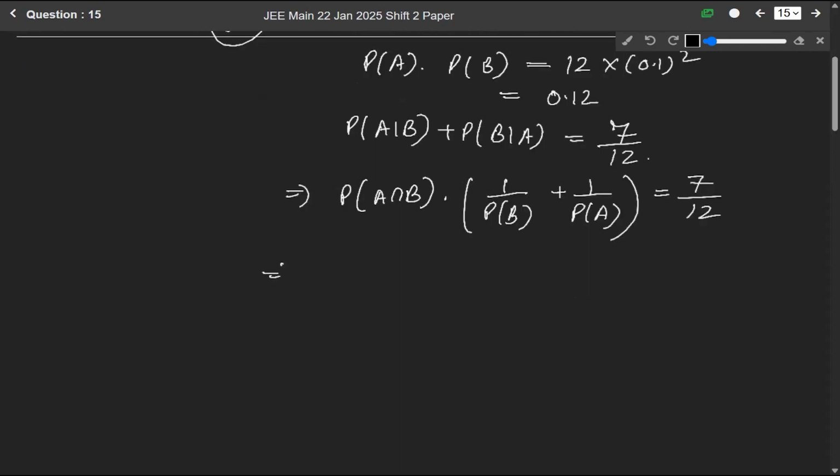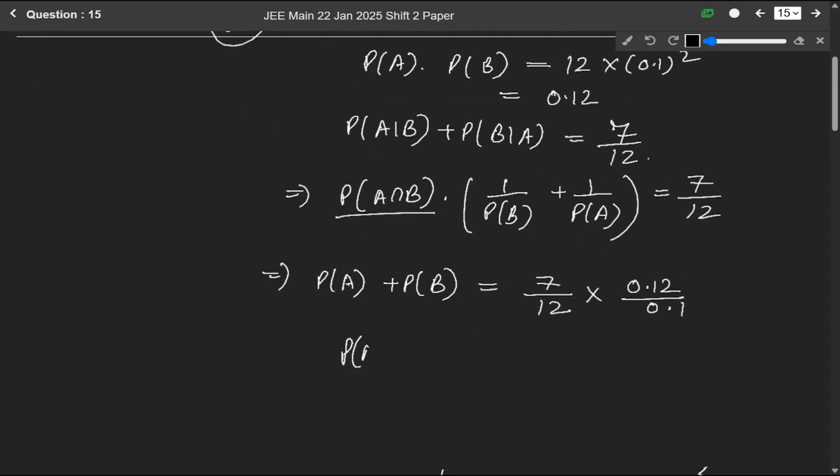So it implies that P(A) plus P(B) will be equal to 7 over 12 into P(A) P(B) over P(A intersection B). P(A) P(B) means it will be 0.12 over this 0.1. Okay.